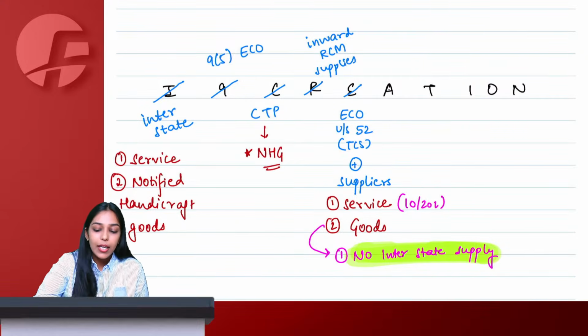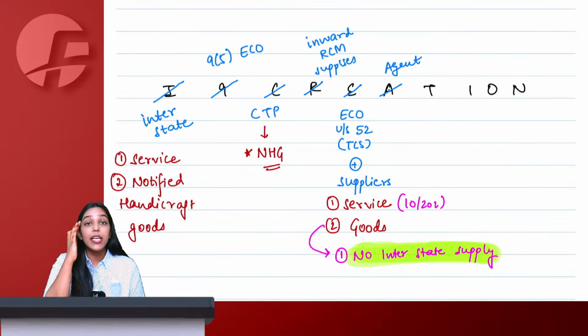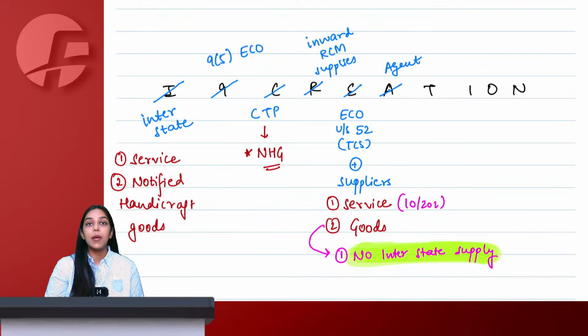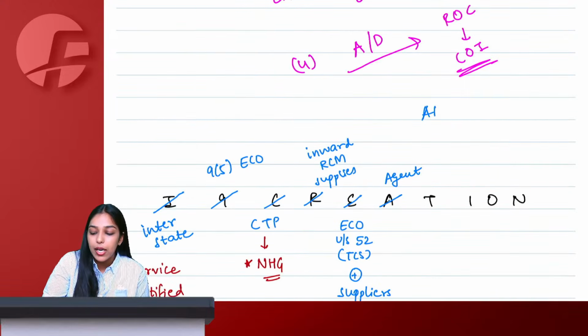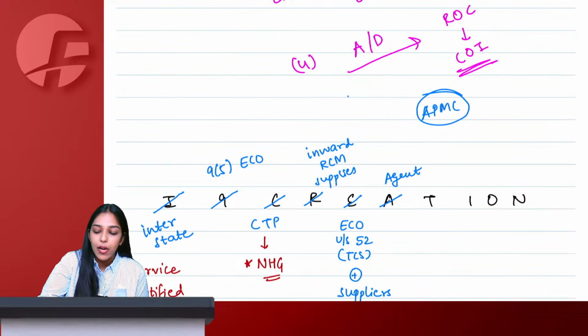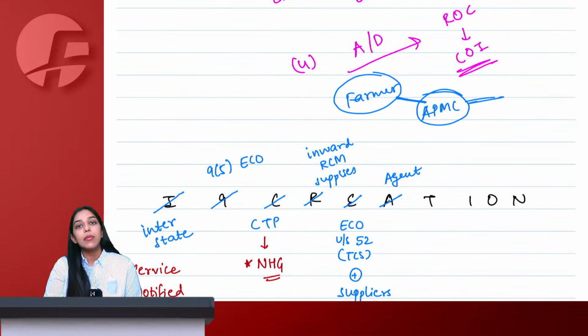Got it, ma'am. Then A means if I am an agent. If I am an agent of a taxable person supplying taxable goods, agent of a taxable person dealing in taxable goods. So let us say I am an APMC agent, Agricultural Produce Marketing Committee agent. In that case, who is my principal? Farmer. Now the farmer is also not a taxable person and agricultural produce is also exempt under GST.